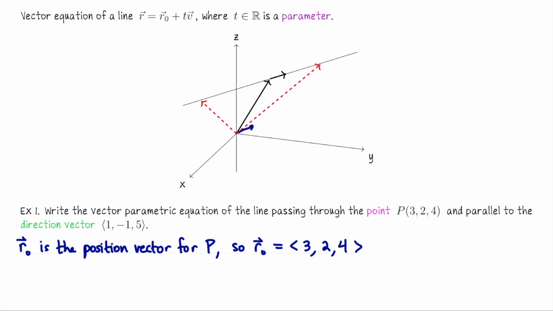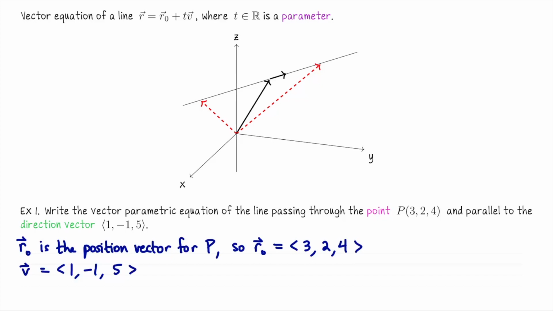So I can treat my direction vector for my line as equivalent to that vector. Right, so written in coordinate form, we might want to graph the vector 1, -1, 5 at the origin. But when I do the vector sum of r naught plus t times this vector, in order to actually do the sum, I have to take the tail of that vector and put it on the head of r naught. So we're going to end up moving that vector up to the line when we take the vector sum. So all that to say that our direction vector v is just going to be the vector 1, -1, 5.